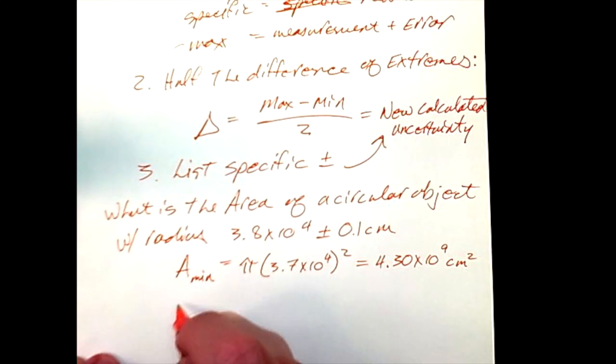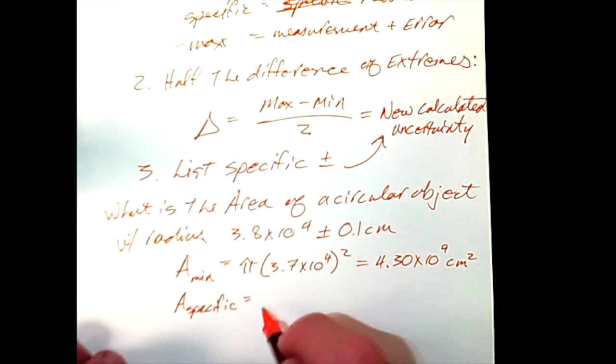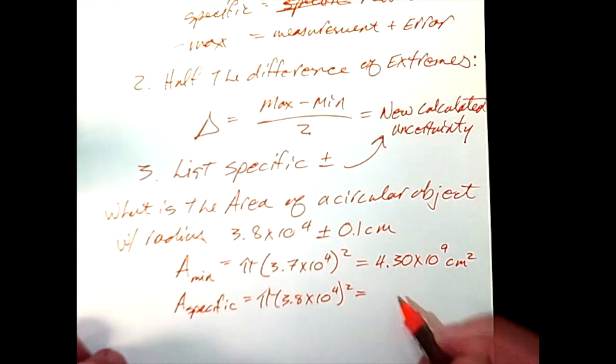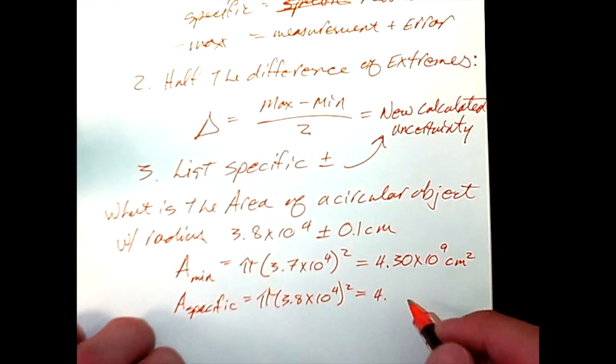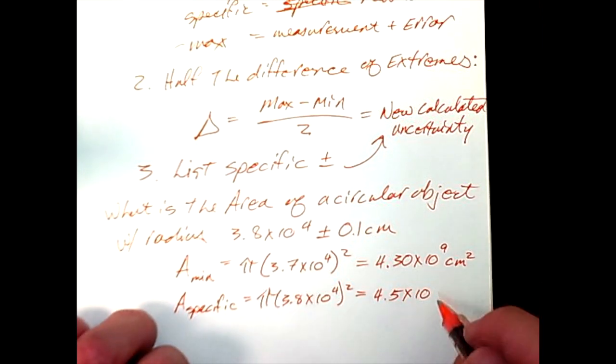If I calculate the specific value, I'm going to use the actual measurement of the radius in my calculation. So pi times 3.8 times 10 to the fourth squared, which yields a value of 4.5 times 10 to the ninth centimeter squared.